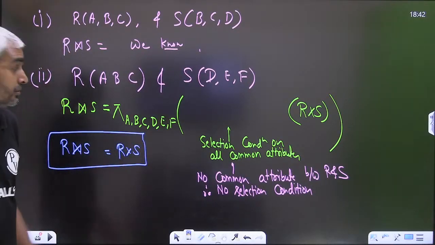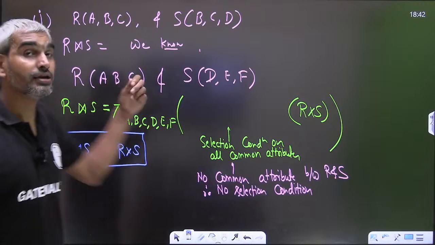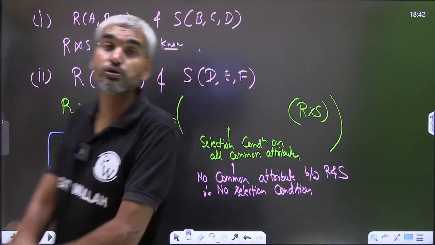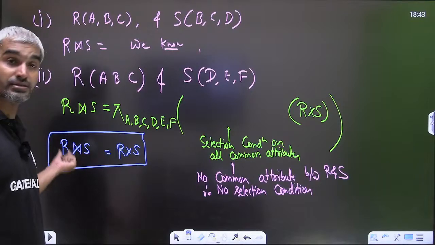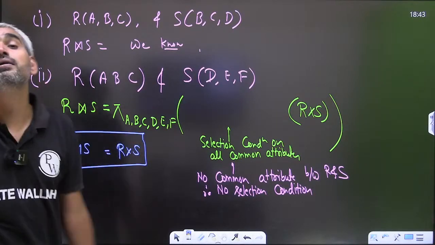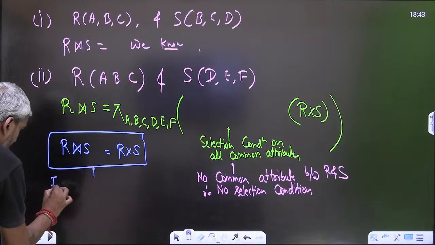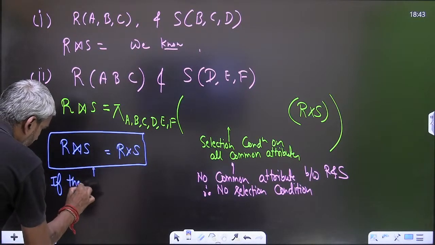What does it mean? If there are no common attributes between the relations, then the result of natural join will be the same as the result of cross product.